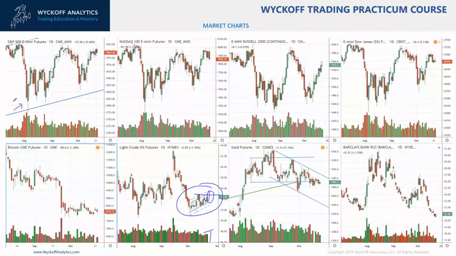Something like here. This is a stopping demand right here on the way down. So this is our red light. Then going through phase B, we're going to have diminished volume characteristics. And then going into phase C, we're going to see again a stop in demand, and then that demand is going to start increasing that effort to the upside, and that's going to produce those bars that are going to travel.